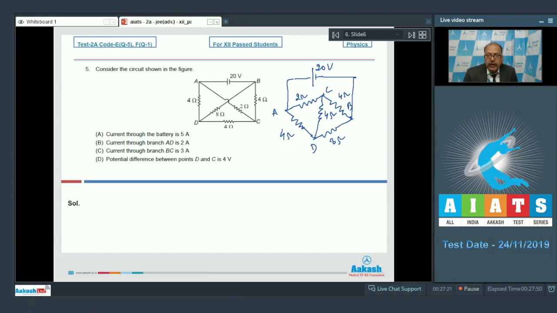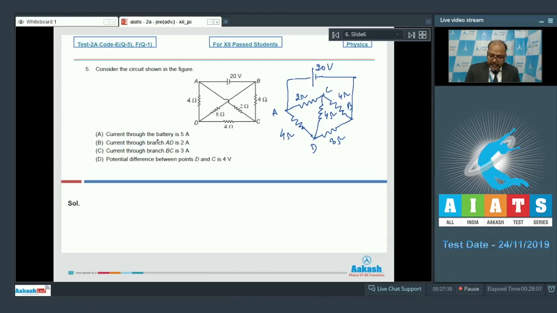Now if you look at the redrawn circuit, it's very obvious that the network is a balanced Wheatstone bridge, because 2:4 is the same as 4:8. And now solving the question becomes very easy.